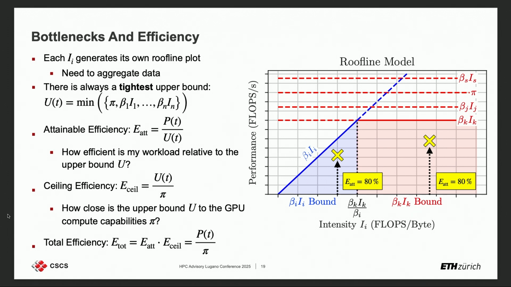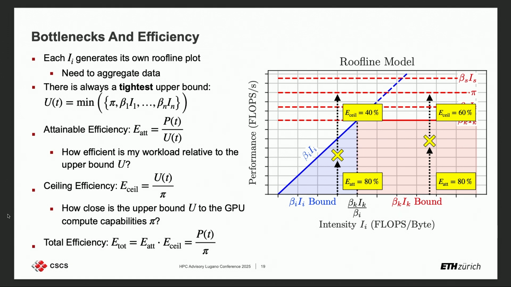Now, the ceiling efficiency instead quantifies how far away your constraint is from the compute peak capabilities of your GPU. So you can have situations where the attainable efficiency is the same, but the ceiling performance is completely different.